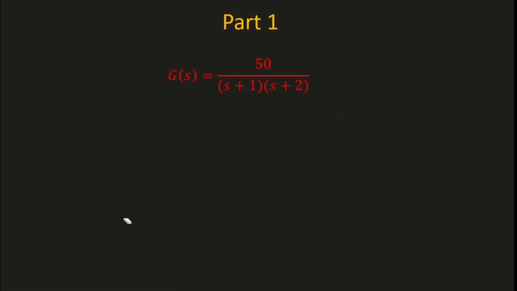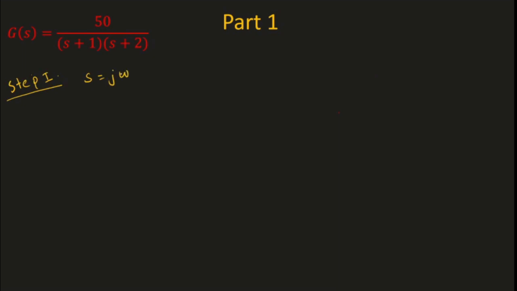So what is the first step? We need to draw the first part, part 1. So in the first step, we will put s is equal to j omega.